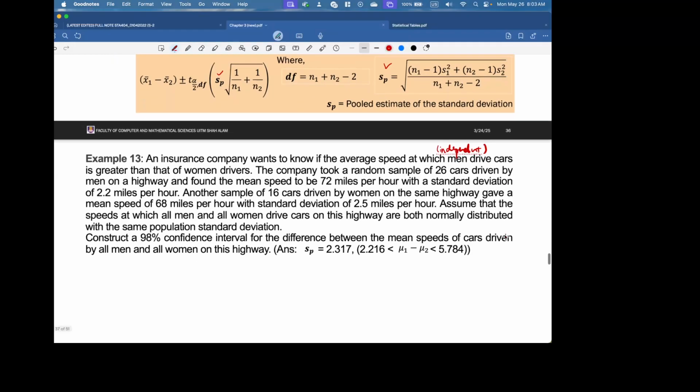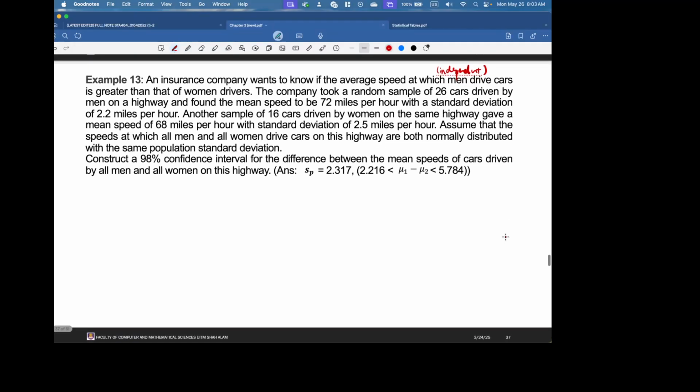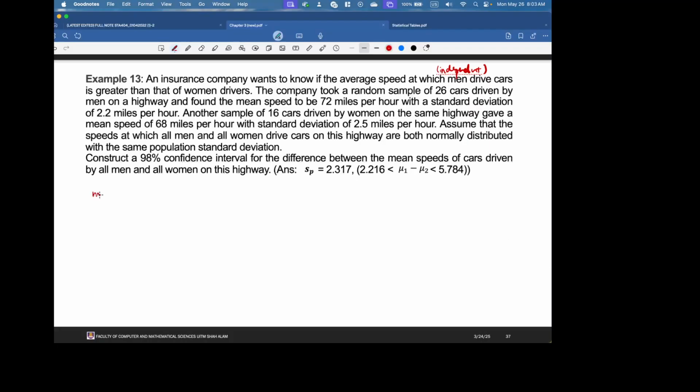A company took a random sample of 26 cars driven by men. You can put the information given here, say men is 1. So N1 equals 26, and they found that the mean speed was 72 miles per hour. So x bar 1 is 72.